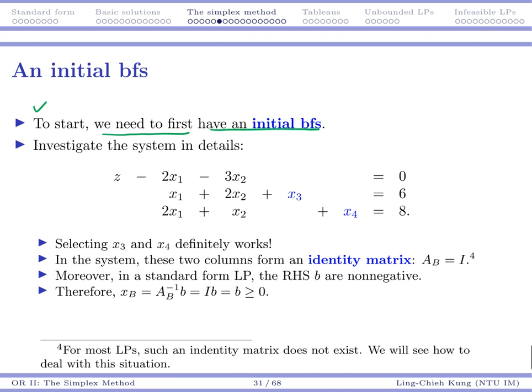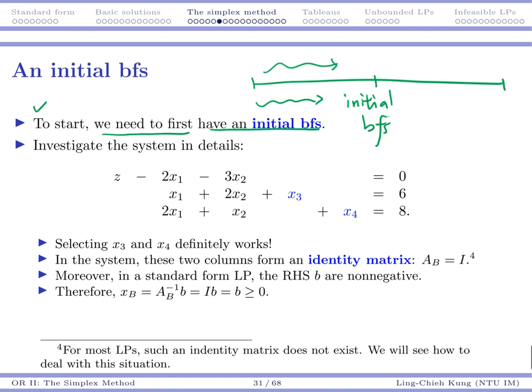So in general, an LP is solved with two stages. In the first stage, we will search for an initial basic feasible solution. Somehow we need to find a way to do this. Okay? Let's assume we already have an initial basic feasible solution. Then in the next stage, we will keep moving along edges until we find an optimal basic feasible solution.